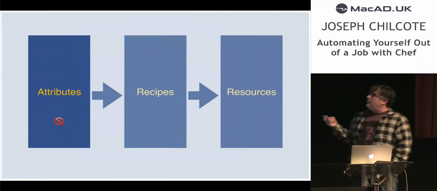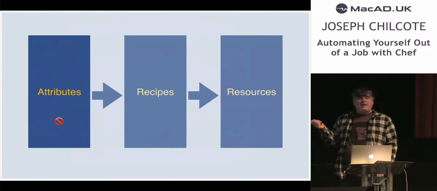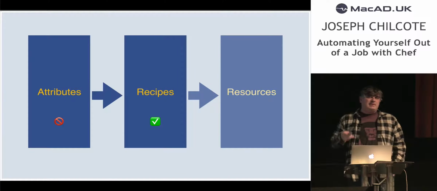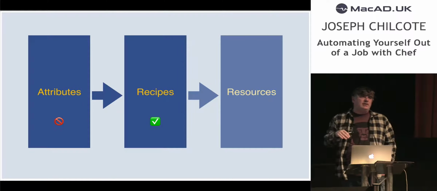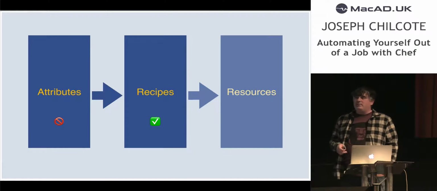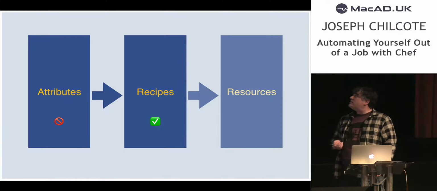So again, it's a 3-pass run that Chef does. First, it grabs all the initialized values that are provided. Then it goes and looks for any updated values. Because we know the order in which Chef runs, we can determine the values that would apply to specific machines or groups of machines or users.